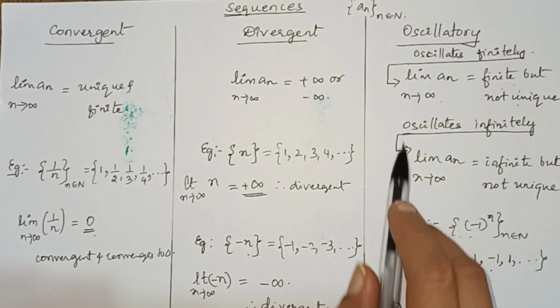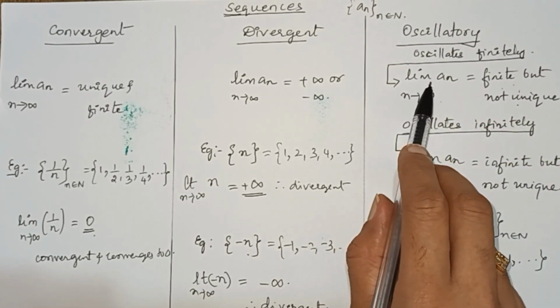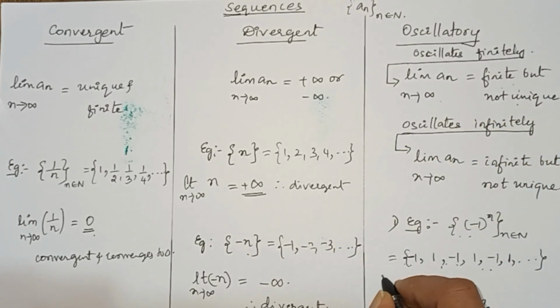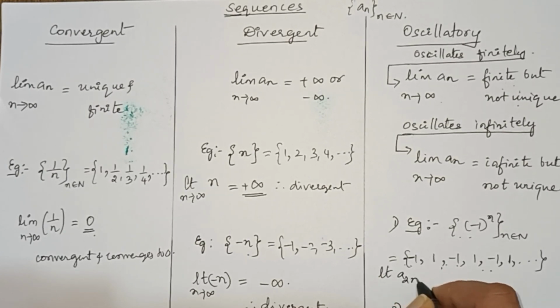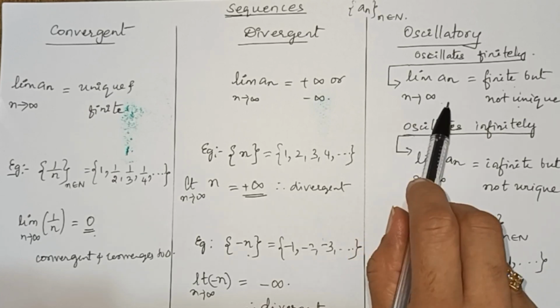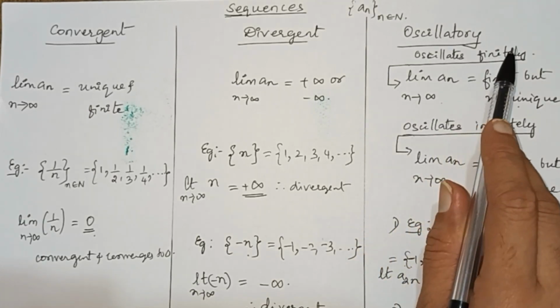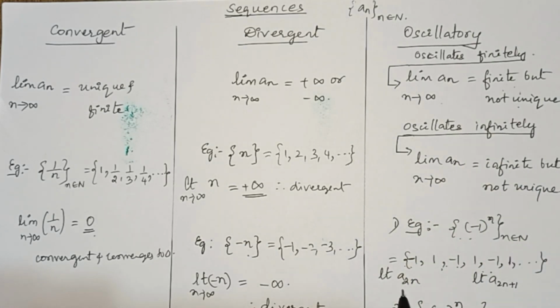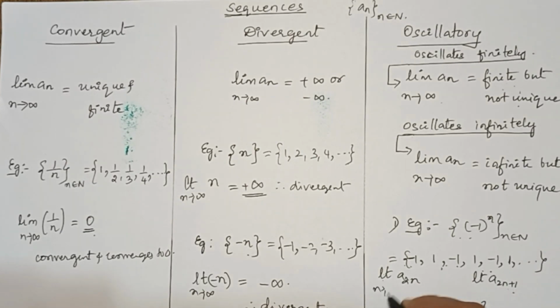So when you are checking it through the limiting value of the nth term, what you can do is find the limit of a_2n and the limit of a_(2n+1). Whenever you have -1 to the power of some value, always go this way. Find a_2n, that is for even, and a_(2n+1) for odd values as n tends to infinity.